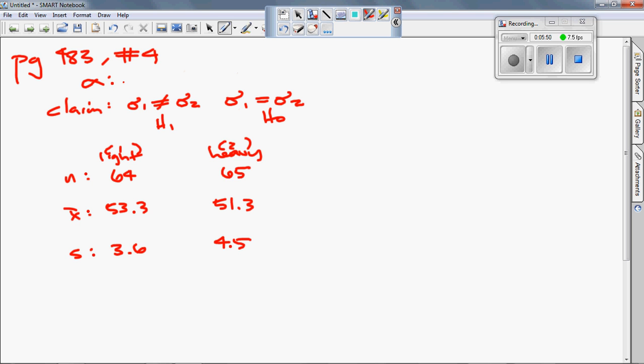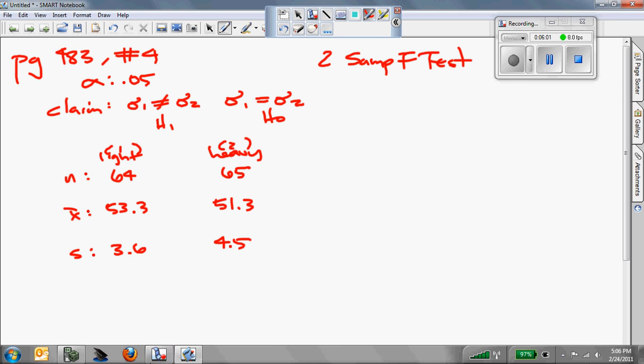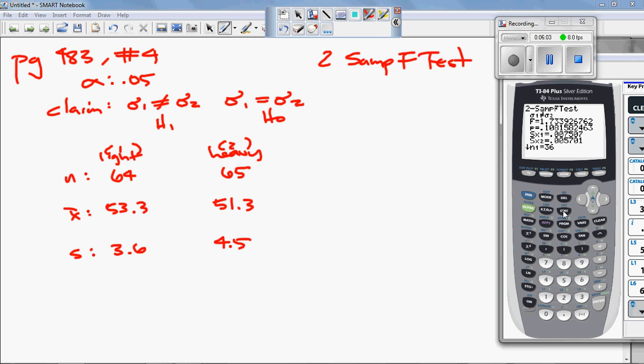We are told to use a 0.05 significance level. And again, we're going to use 2-samp F test. Alright, here we go. Stat, test, 2-samp F test. Alright, and we're going to enter the new statistics.